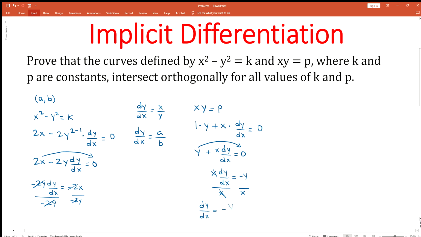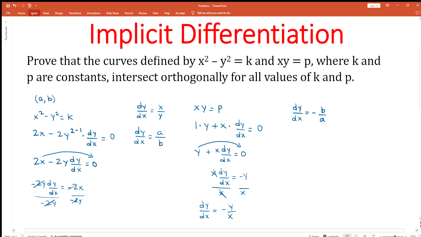I get dy over dx equals negative y over x. This is the slope of the tangent. Now we can sub in the point a comma b in this expression for slope of tangent. I get negative b over a. This is the slope of the tangent to the second curve at point a comma b.